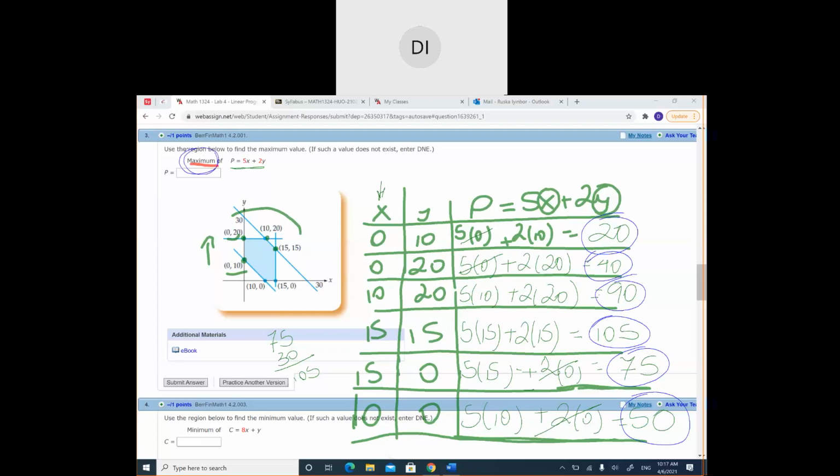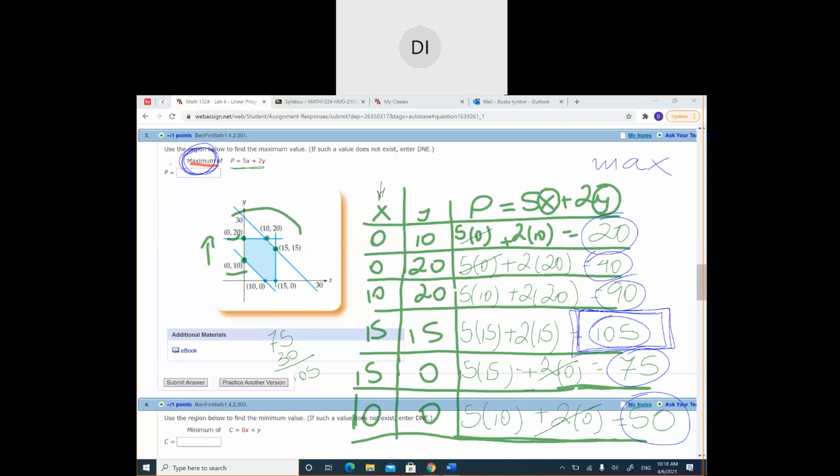They're looking for maximum, which means you're going to get the biggest number. So which one is the biggest number? 105, right? This is the biggest value of the function. So we're just going to put 105.